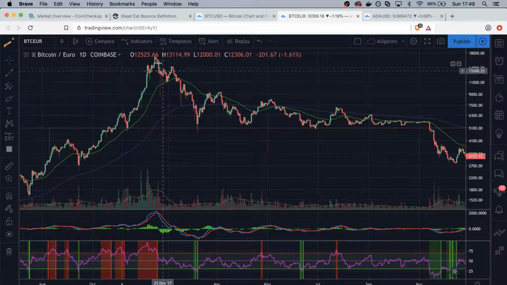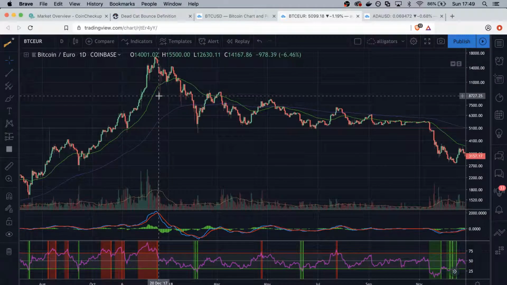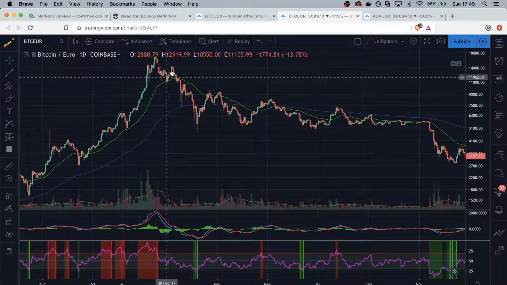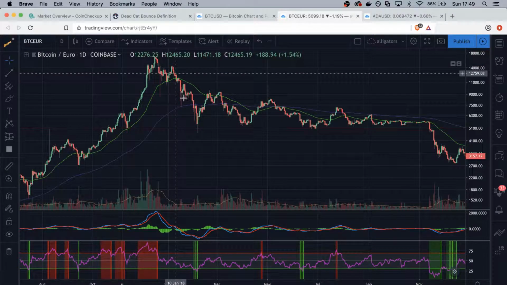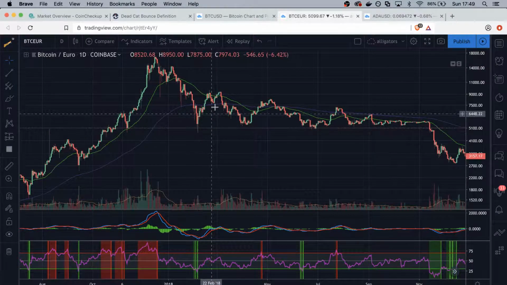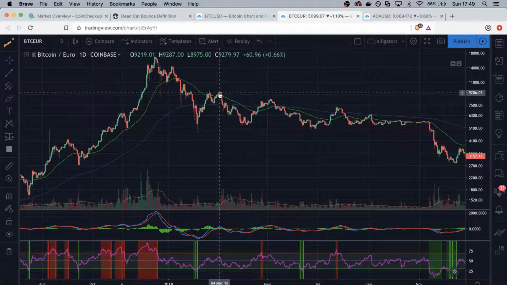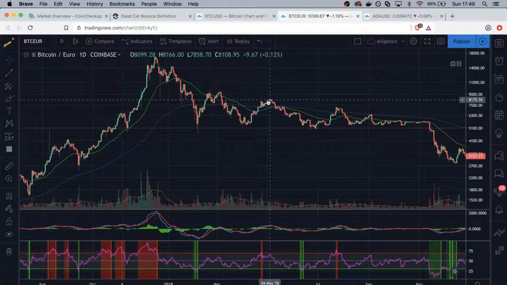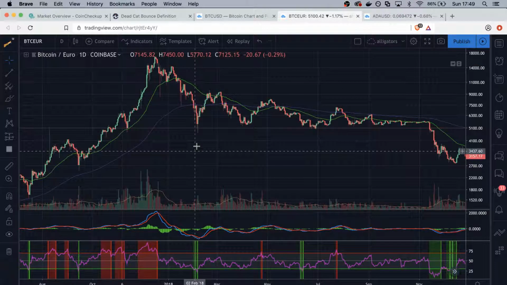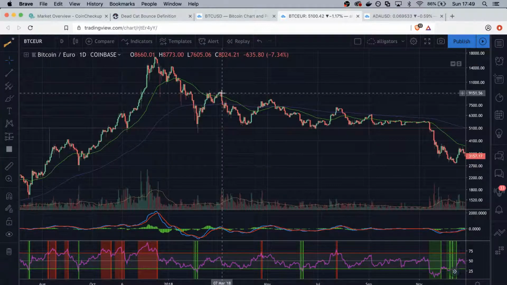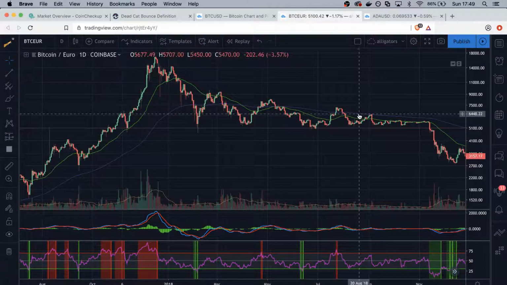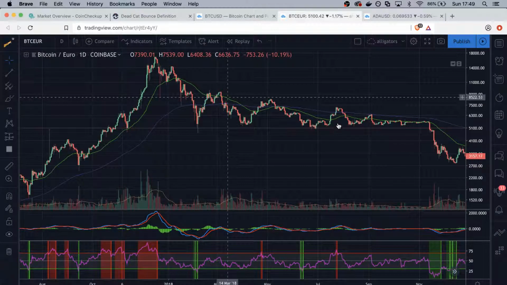So we had a very sharp decline in price. Here a small recovery, and again a very sharp decline in price and a small recovery. So these tops that you see here would be considered dead cat bounces, since even though there's a recovery in price, the trend is continuing and it's a downwards trend.